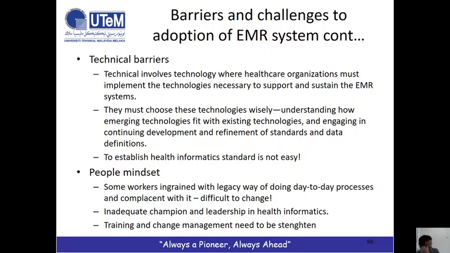So that's important, as I told you previously. The champion and leadership in health informatics is very important.